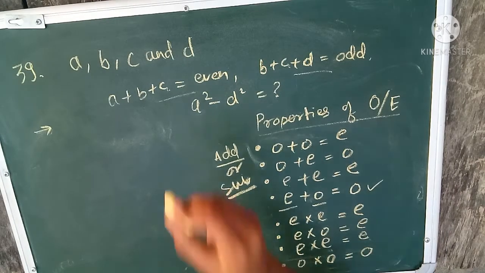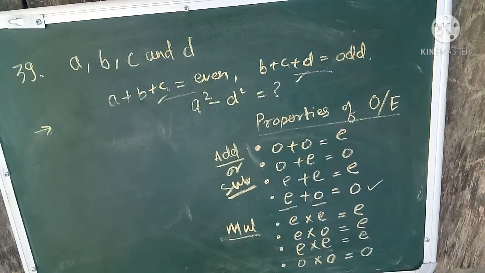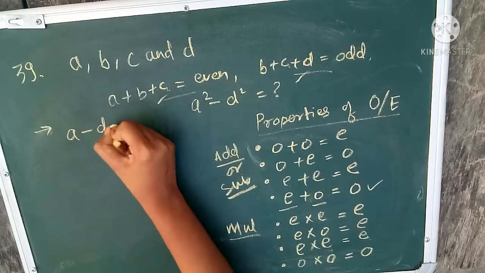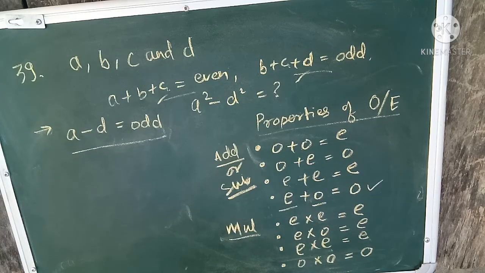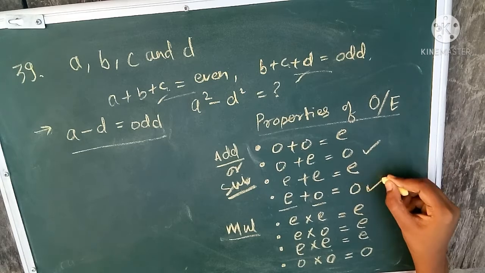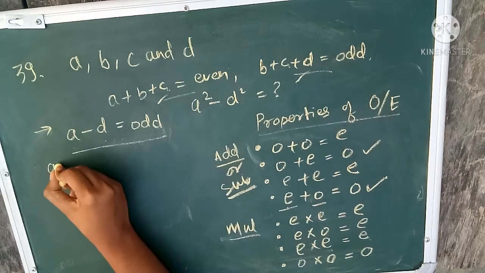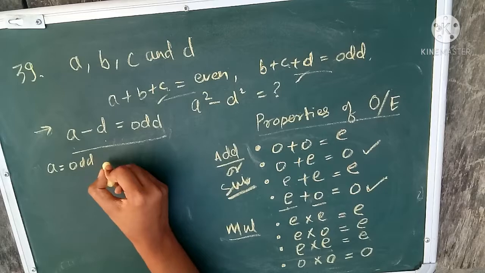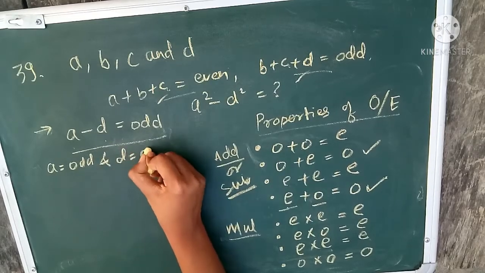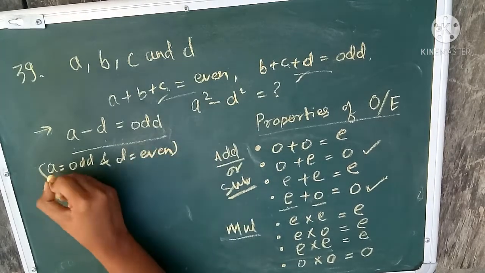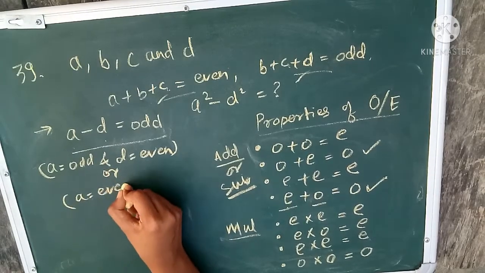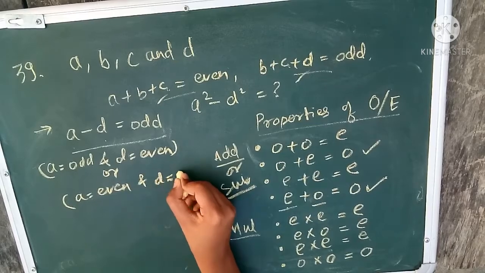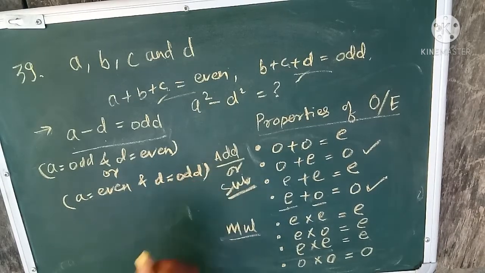Now, solving these equations, we get that a minus d is odd. If the subtraction of two numbers is odd, then we have two cases: either a is odd and d is even, or a is even and d is odd.